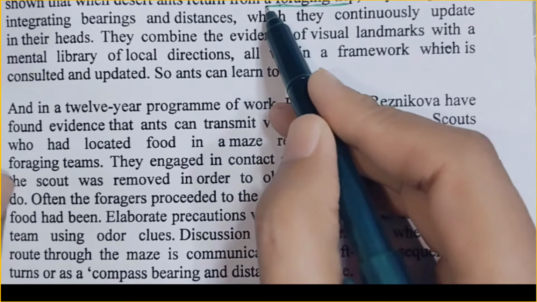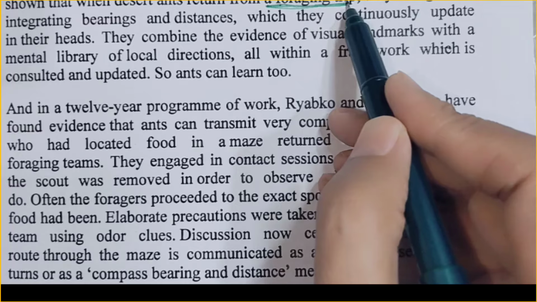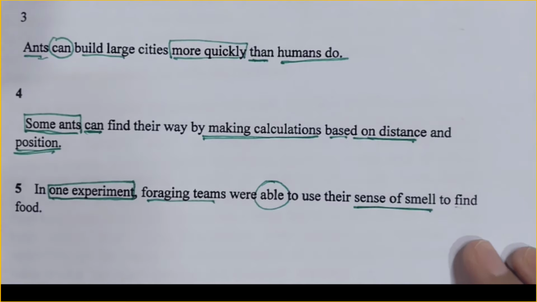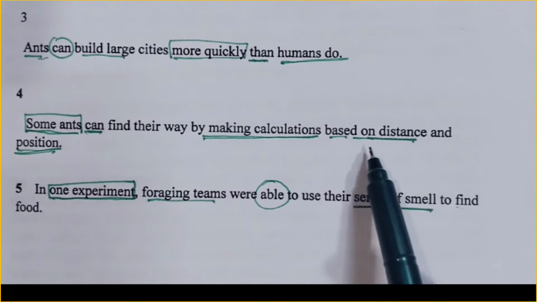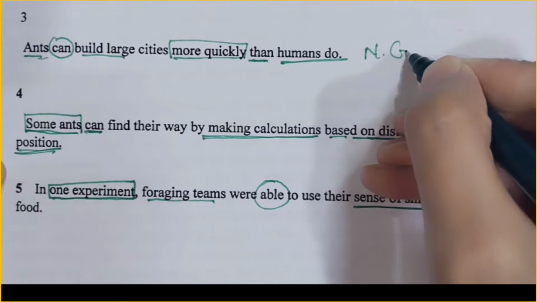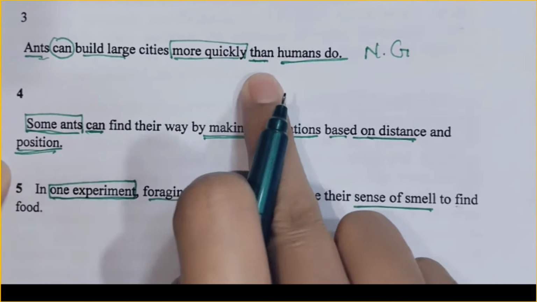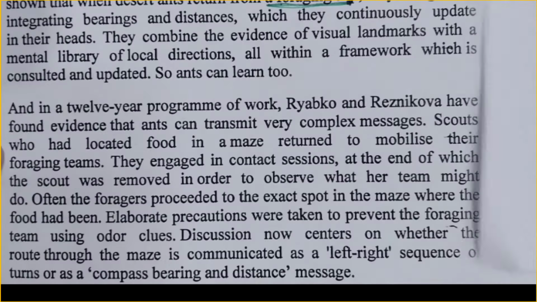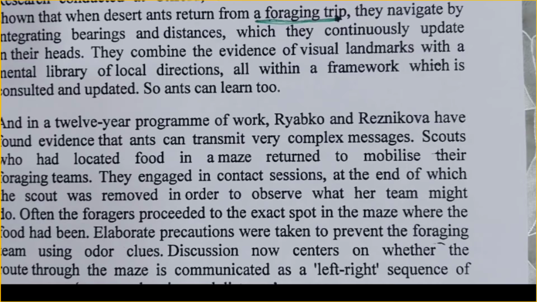So now they are talking about the trip. It means the information for that question is not here. Some ants can find their way by making calculations based on distance. So this will be not given, because there is no information related to the claim that they can build large cities more quickly than humans. Okay, now let's move towards our next question and statement.